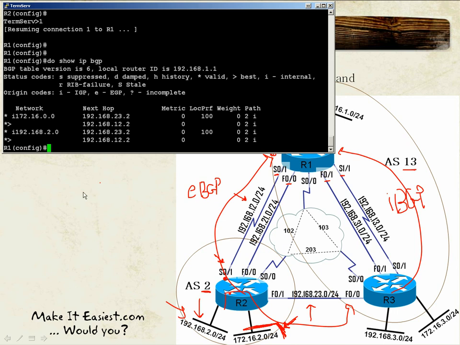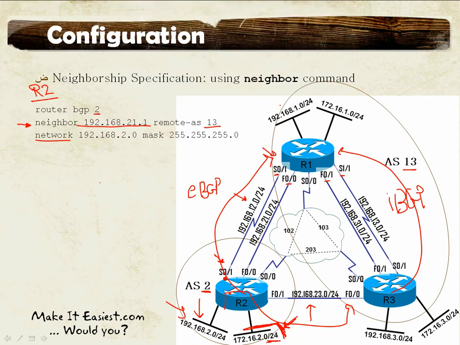for not having the exact network we are trying to advertise in our routing table. For example, router 2 wants to advertise the whole 172.16 range, and it has only the 172.16.20.0/24 network right here.